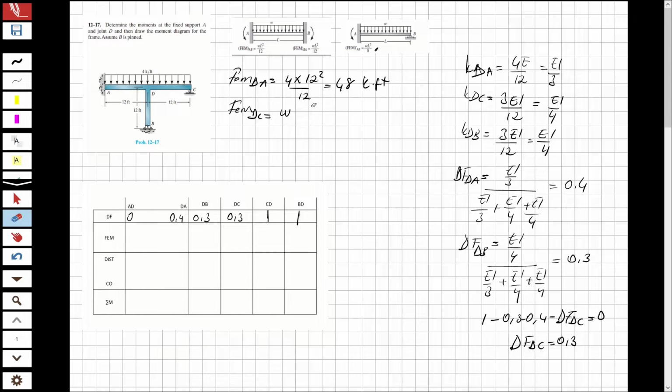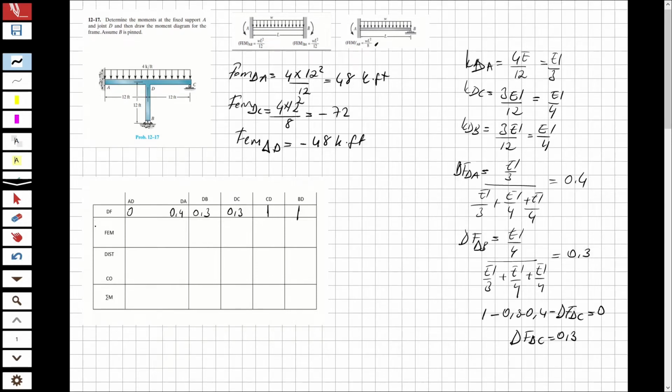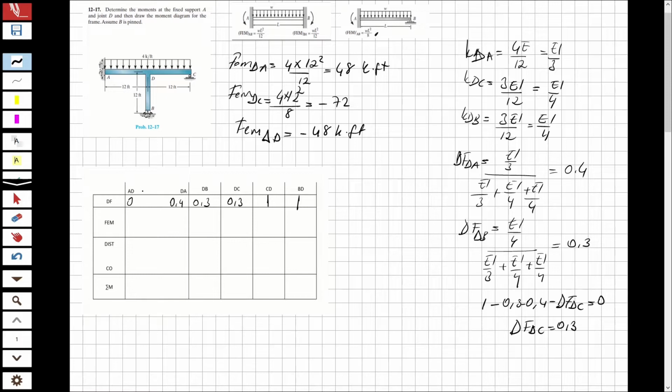Actually, I don't need to write the formula: 4 times 12 squared over 8 is minus 72. And the fixed end moment AD is equal to minus 48 kip-feet.